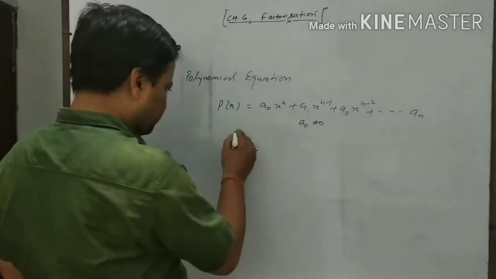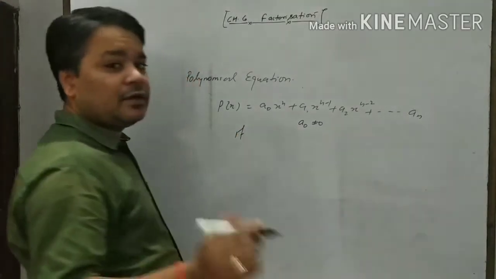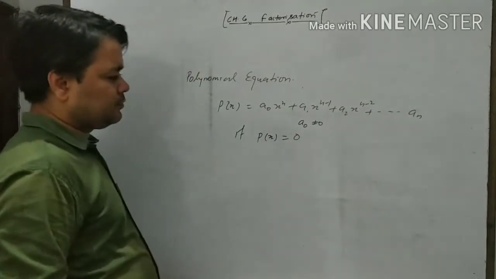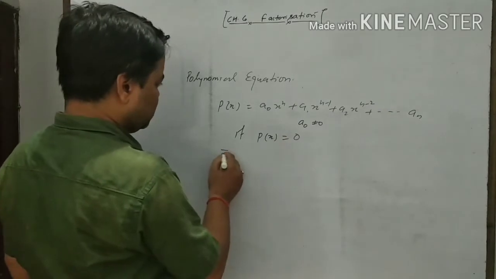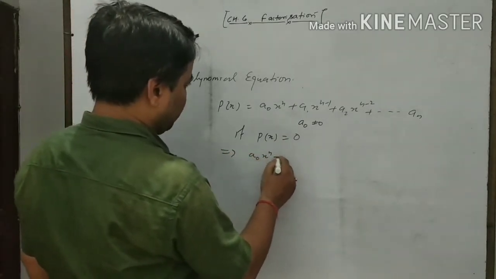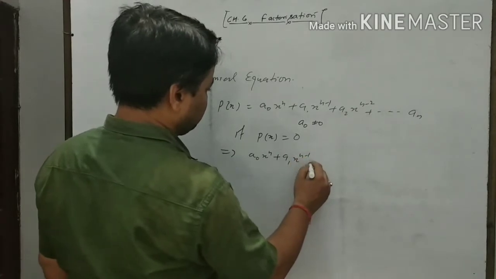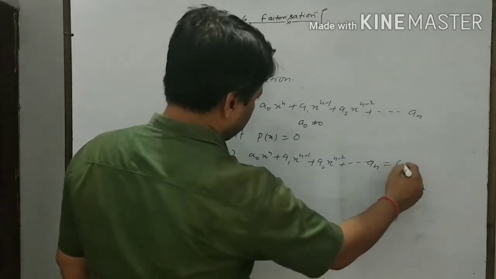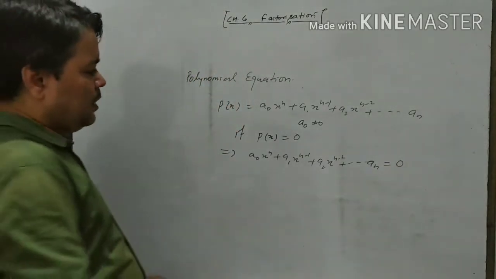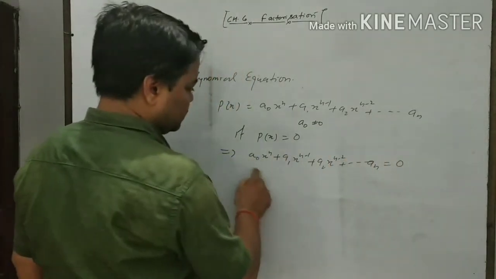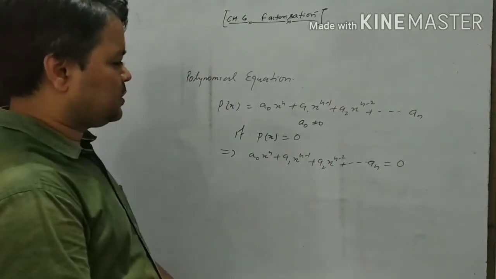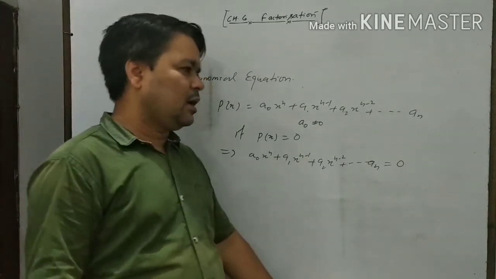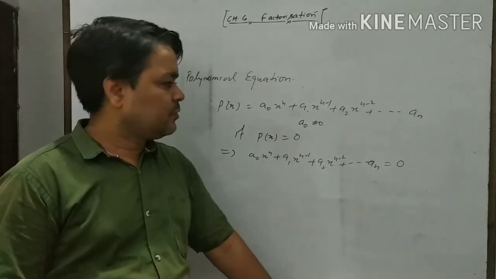Now this is the polynomial of degree n. Now if the value of the polynomial is equal to 0, this implies that a0 x to the power n plus a1 x to the power n minus 1 plus a2 x to the power n minus 2 plus up to an will be equal to 0. During the discussion of quadratic equation I explained this.